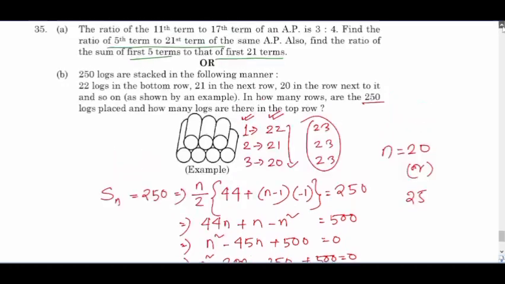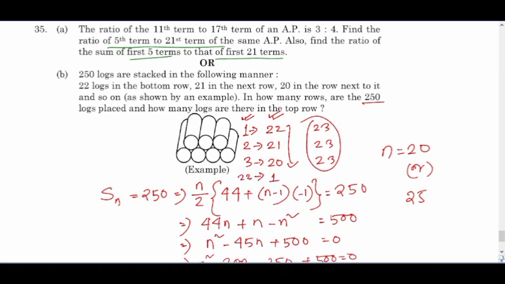Now let's go back to the original question. We got the n value as either 20 or 25. Now if the value of n is 25, then 25 rows are complete. Notice that the first row has 22, then second row, third row, fourth row, and the 22nd row will have just one log.